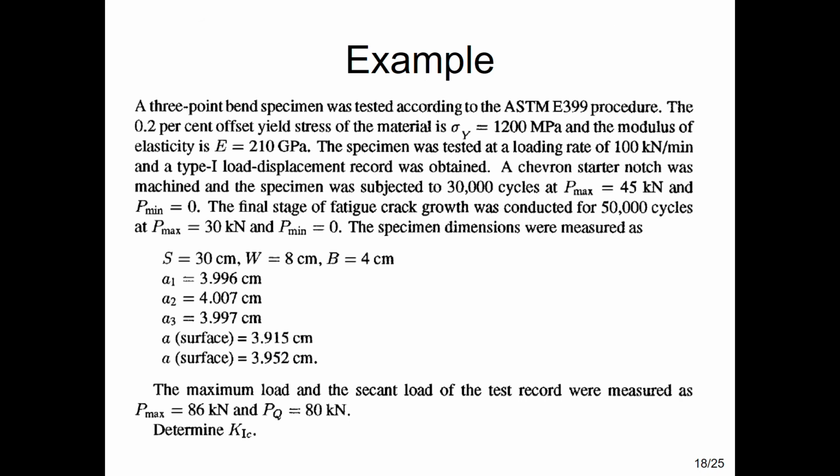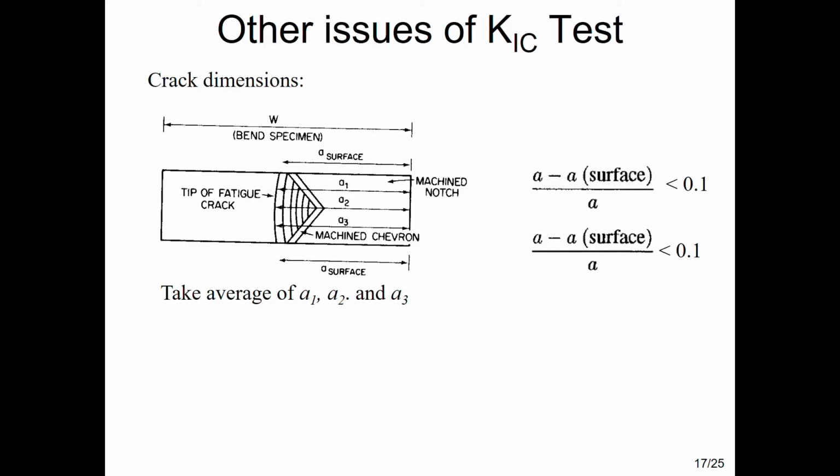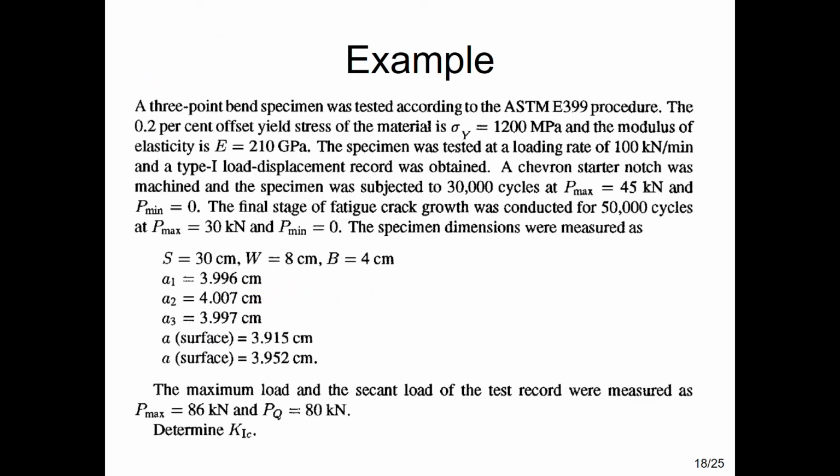Okay, this is an example so that you know what is actually being calculated here, because the previous part was mostly theory, while this is more on the example. A 3-point bend specimen was tested according to the ASTM E399 procedure.